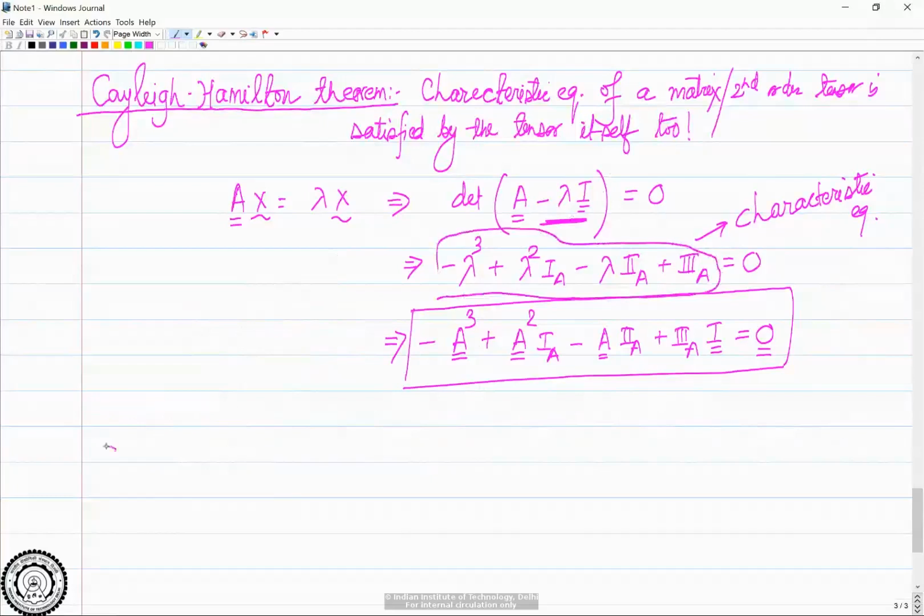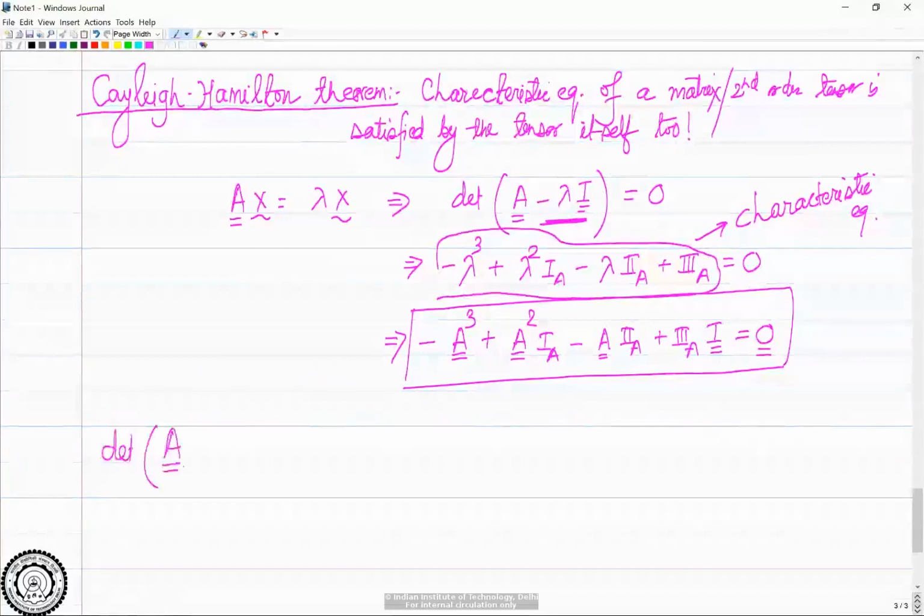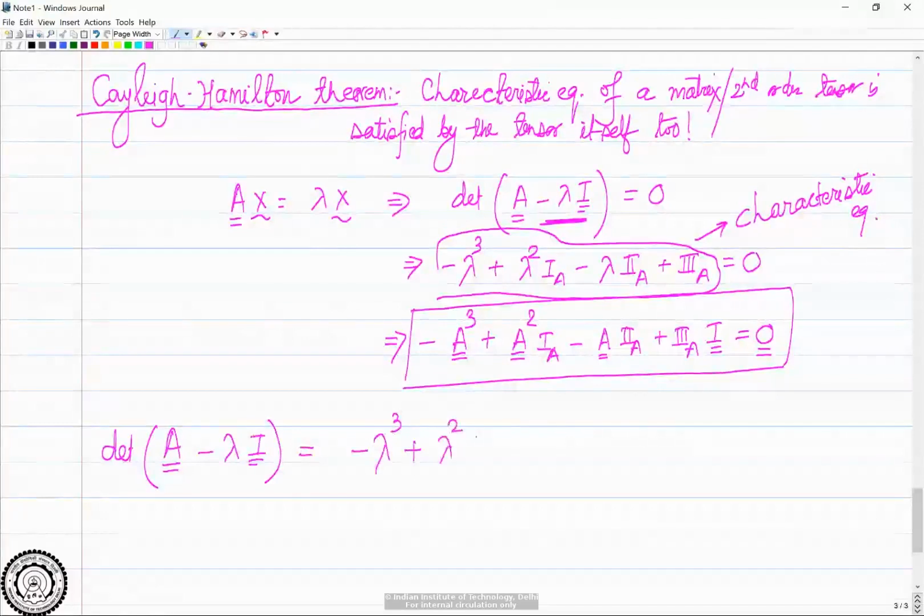So let me write it down again. What we know is the determinant of A minus lambda I, when it is expanded, becomes minus lambda cube plus lambda square into IA minus lambda into 2A plus 3A, right?